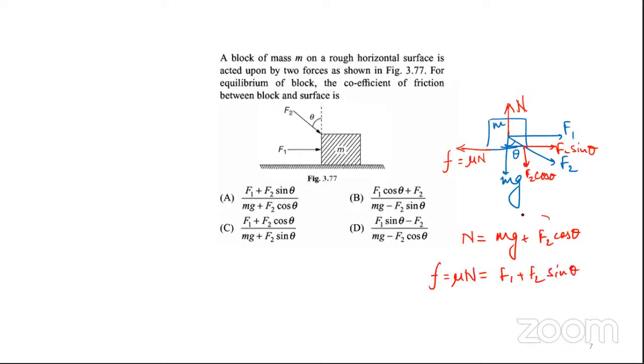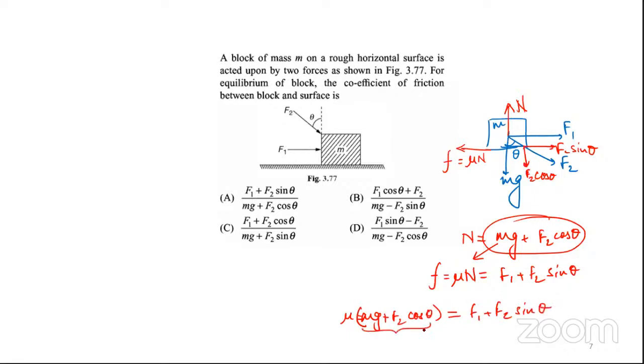Now putting the value of N from the first equation into the second equation, we have mu into mg plus F2 cos theta equals F1 plus F2 sin theta. Bringing this whole value in the denominator, we get A as the answer.